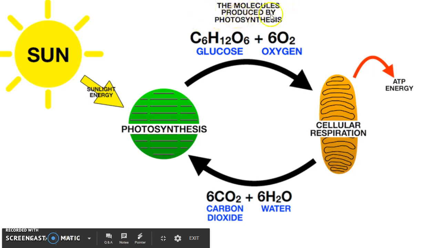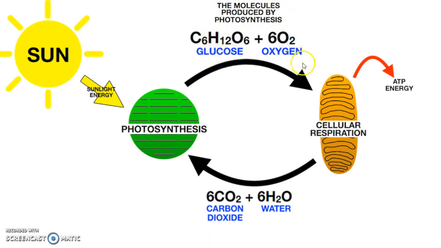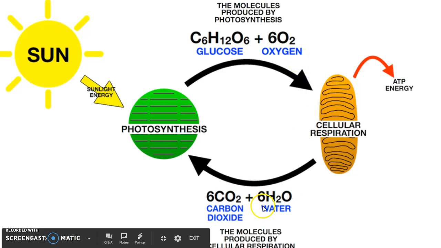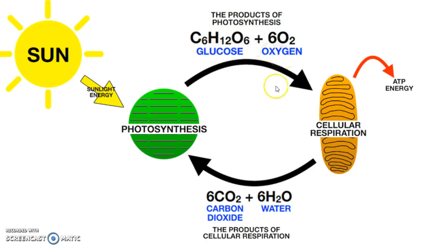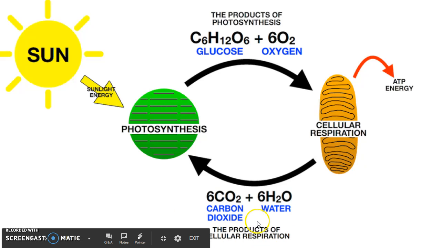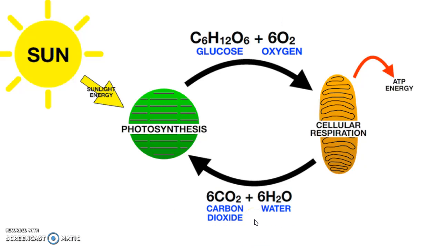The molecules produced by photosynthesis are glucose and oxygen. And these are the substances that are left by the molecules produced by cellular respiration. The products of photosynthesis are glucose and oxygen, and the products of cellular respiration are carbon dioxide and water.